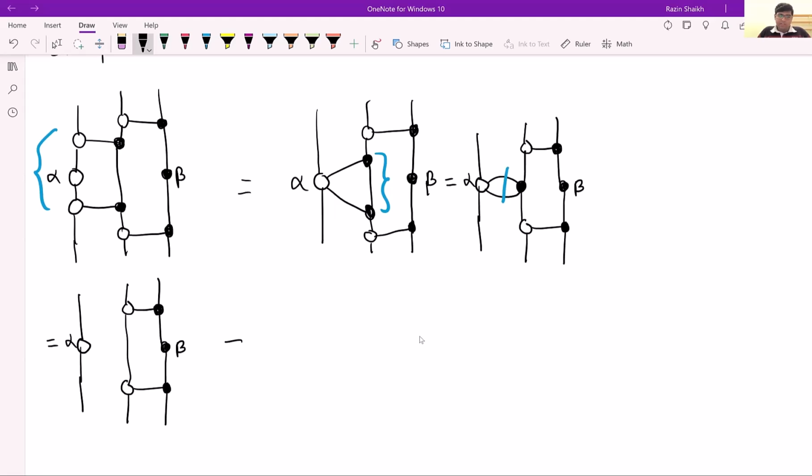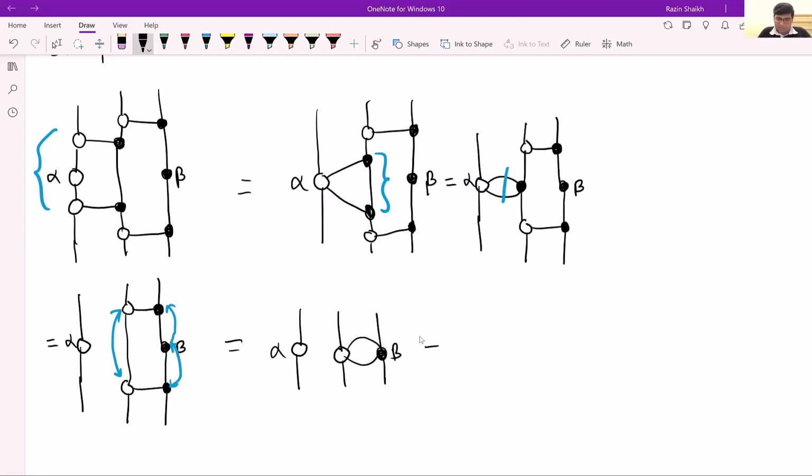And now I can apply the same process on these wires on the right-hand side. So I can fuse these 2 Z spiders, and I can fuse these 3 X spiders and that gives me a diagram that looks like this. Two connections.